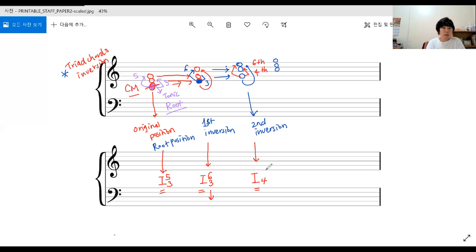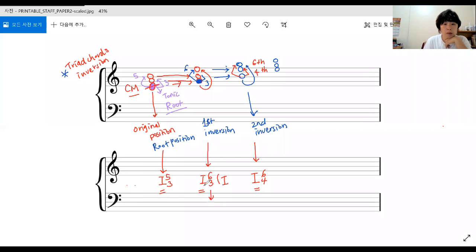And this is 4, 6. So here it's 1, 3, 6. This is the first inversion, but sometimes we just write 1, 6. This is 1, 4, 6. And this is 1, 3, 5.